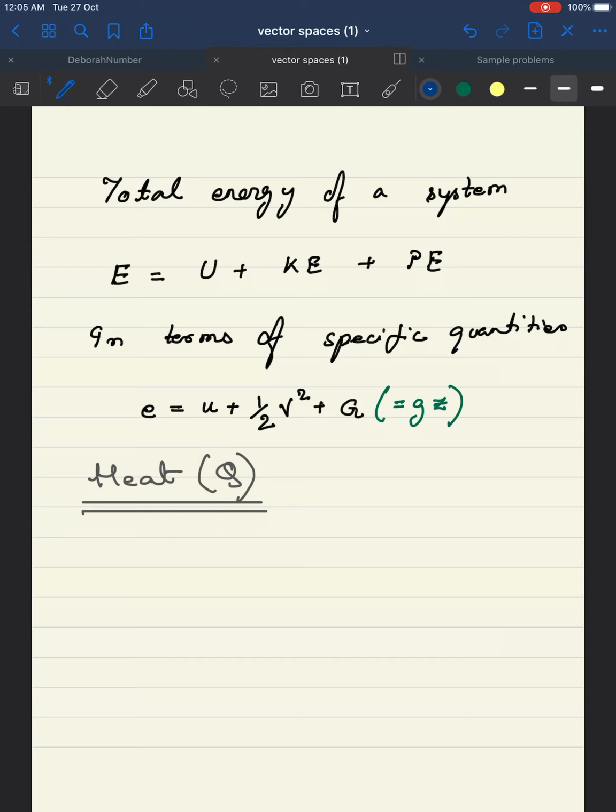Now, heat transfer can occur in multiple ways. There are three ways in which it can occur. One is called conduction. So conduction is a method of energy transfer where more energetic particles of a substance give energy to less energetic ones, so basically energy flows from regions of higher temperature to lower temperature, but there is no bulk motion involved.